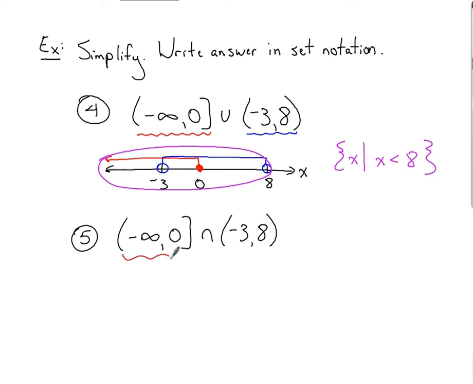We know what the number line looks like. But when you take the intersection, you only want to take what is in common or overlapping between the two. So as you look at what I have here above, the red versus the blue, the overlap occurs right here.